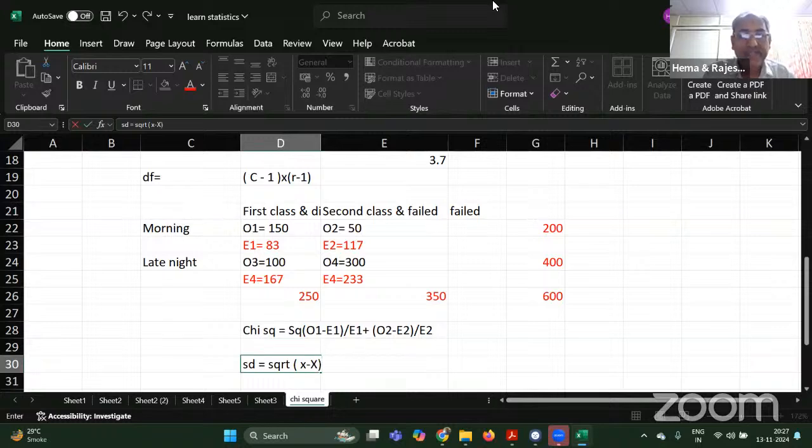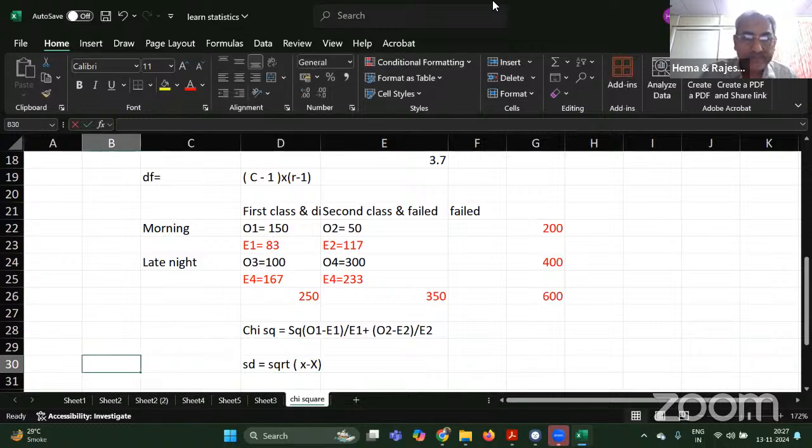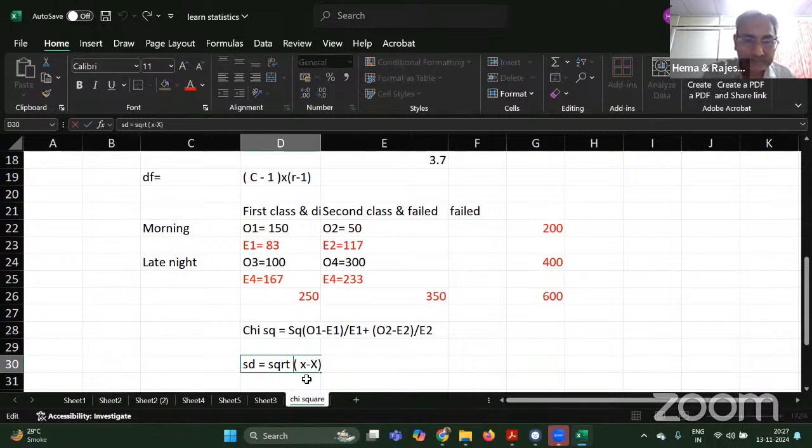We were making a square of it, and then we were dividing by n.